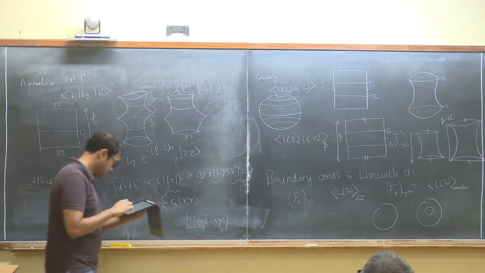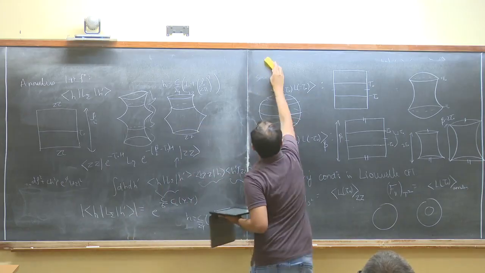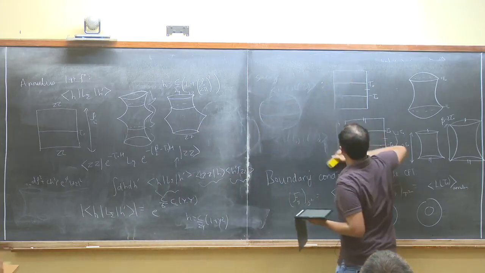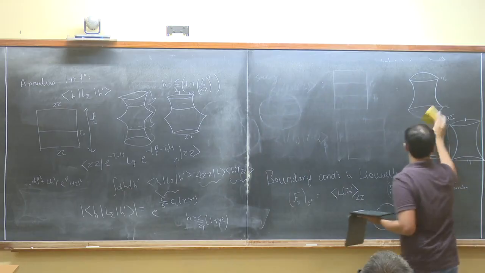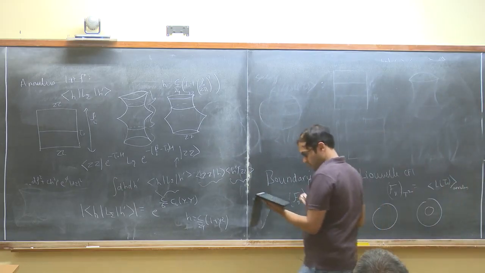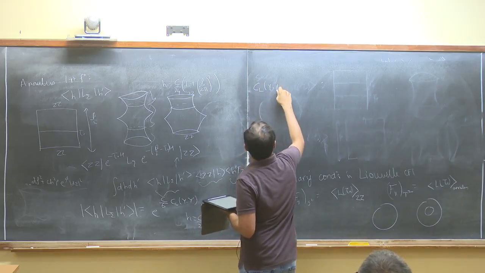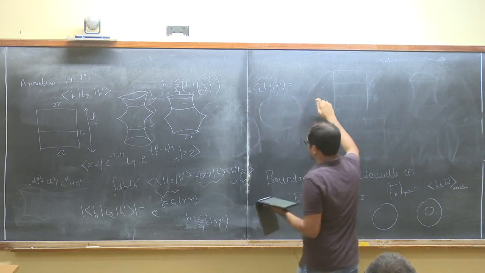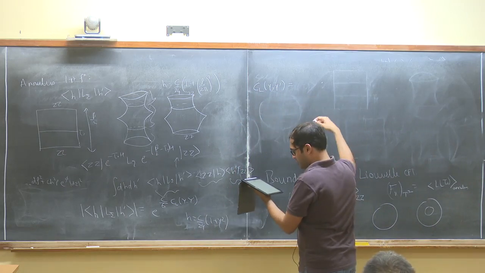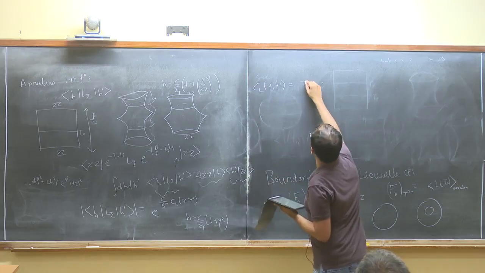Okay, here is the expression. If you are familiar with the DSCC formula for local operators, this is the analog of that for line defects.